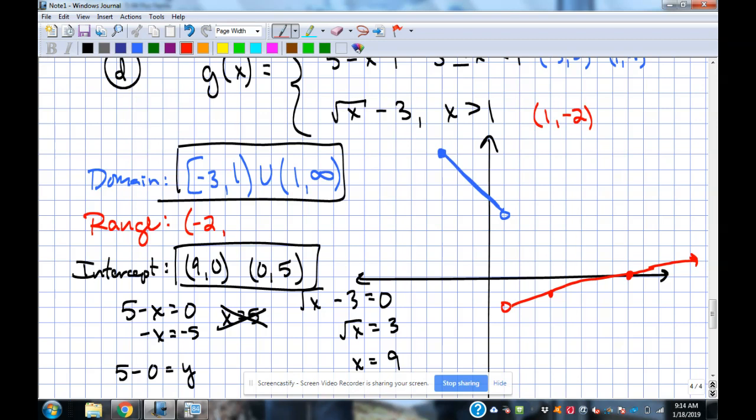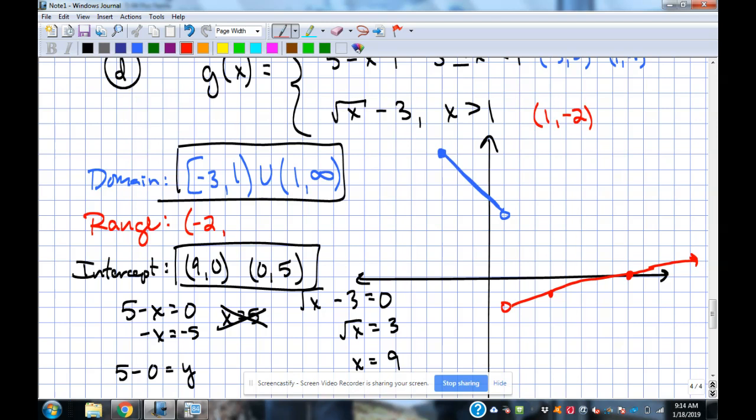How far is the red part going to go? It's going to keep going up forever. So it's going to go to positive infinity. So is it going to cover this open circle here? Eventually. It'll take it a long time to get there, but it will. The blue one stops right here, but the red one continues forever, so it's going to outrank the blue part stopping at that spot, right?